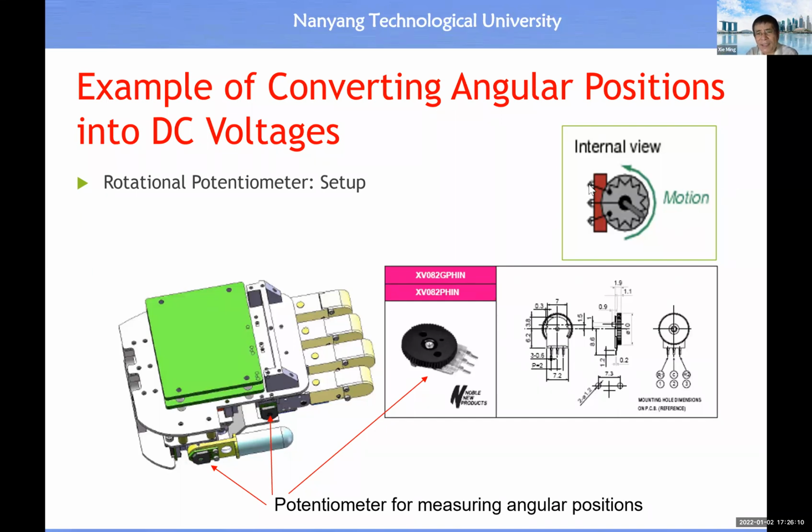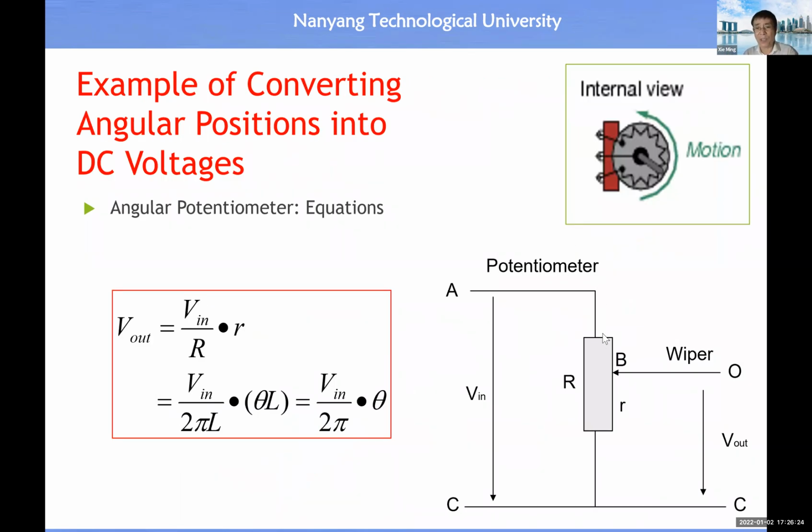You have 2 pins as input. Let's say this is a common ground, this is the input voltage, and this will be the output voltage. This is a very simple device. The mathematics looks like this. The current which will flow inside the resistor is equal to input voltage divided by the total resistance.